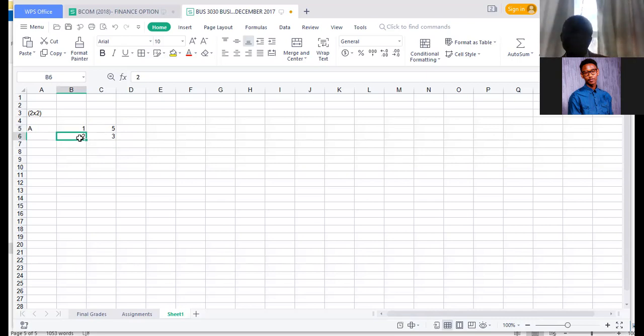Well, the diagonal that runs from bottom left to top right is called the lagging diagonal. So the elements of the leading diagonal are 1 and 3, and the elements of the lagging diagonal are 2 and 5. That's a general 2 by 2 square matrix.